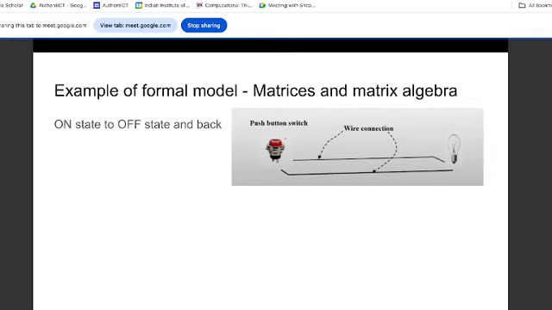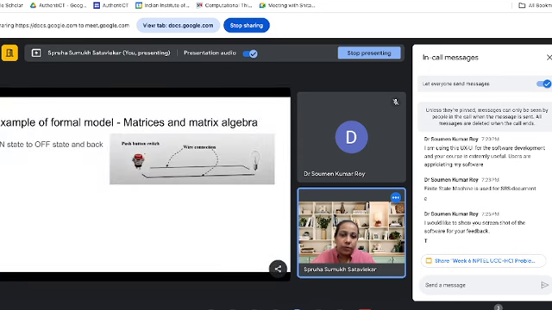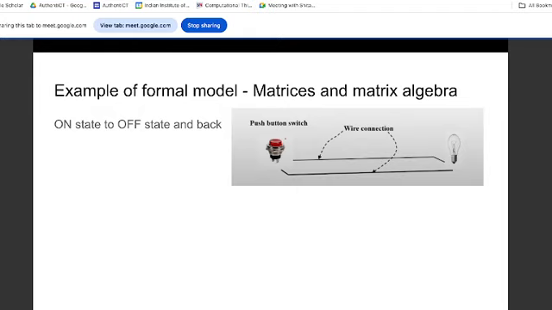There are two states of the bulb: one is the on state and the other is the off state. Whenever the push button is pressed, if the bulb is in the on state, it will go to the off state, and if it is in the off state initially, it will go to the on state. So irrespective of whichever state the bulb was in, the aim is to switch it.